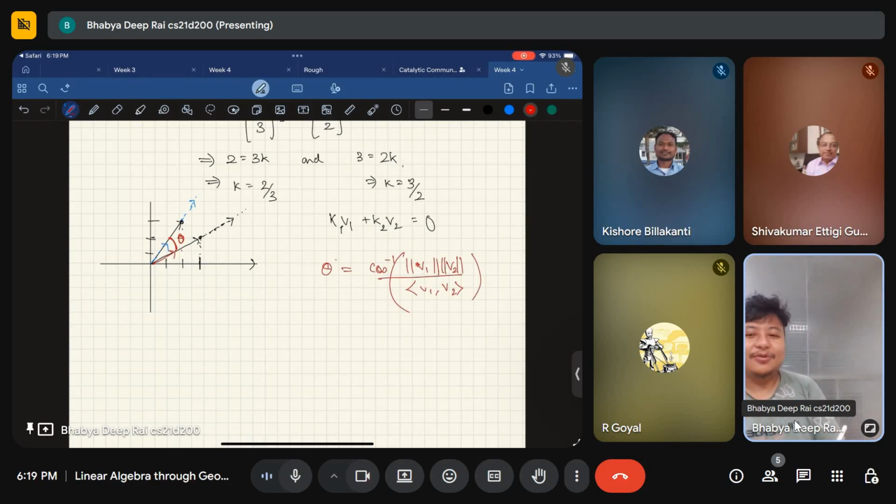So if you find theta, and theta is 0, only then will they be in the same line, and therefore they'll be linearly dependent. Okay, is that all?